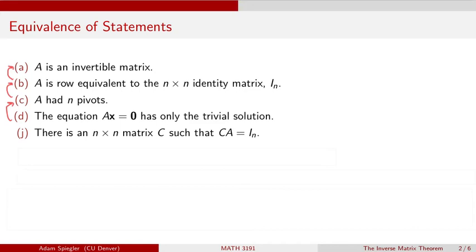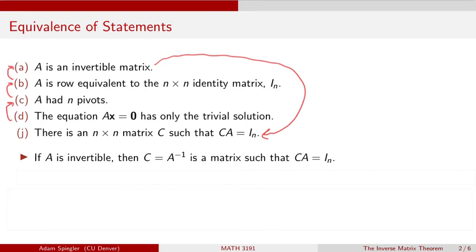We're going to next show that if statement A is true, that implies statement J has to be true. Hopefully this is a pretty quick implication, since if A is invertible, that means A inverse exists. So we set matrix C equal to A inverse. Then by definition, A inverse times A gives us the identity matrix. So if statement A is true, certainly statement J needs to be true.